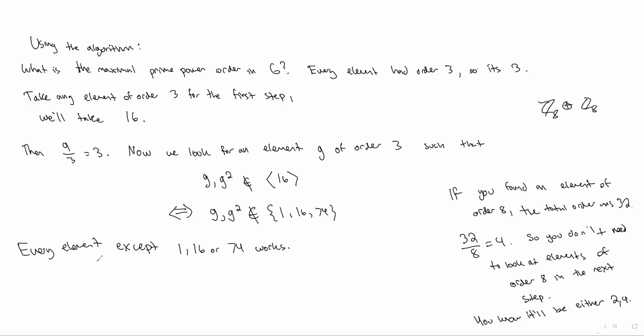So G equals 9, 22, 29, 53, 79 and 81 all work.